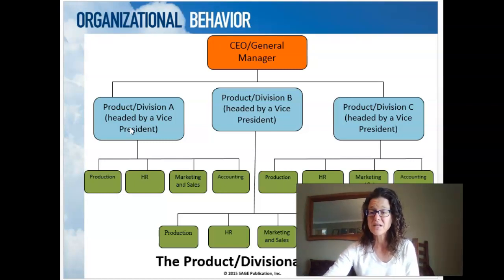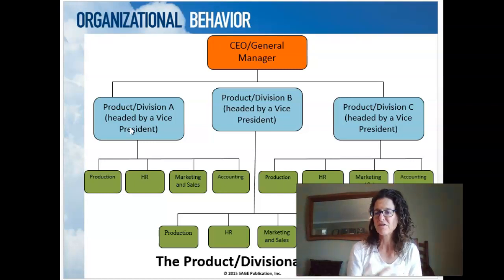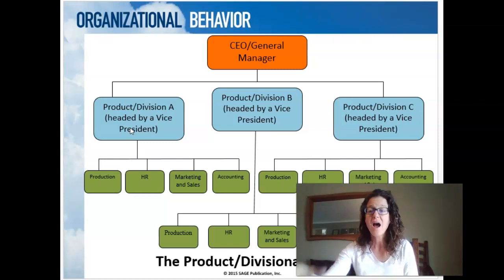For example, Pepsi uses this organizational structure because they have, of course, multiple products, both their beverage line and their food line and other product lines. And so they use this structure.